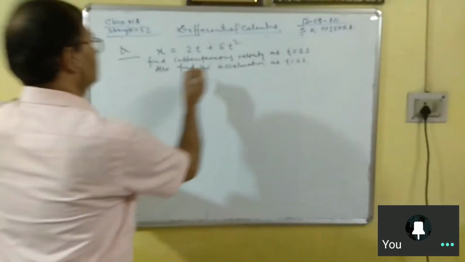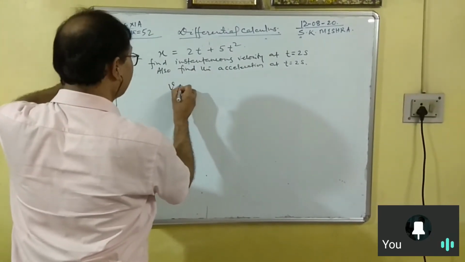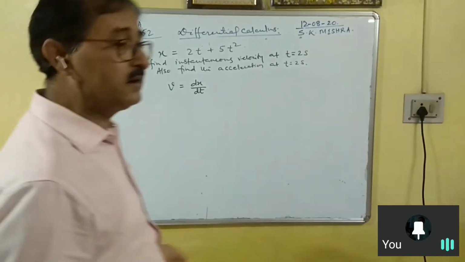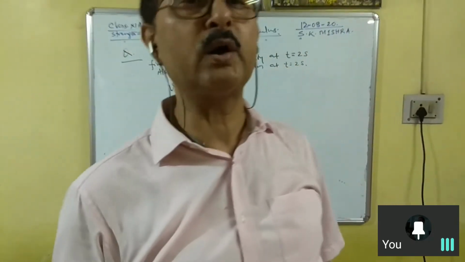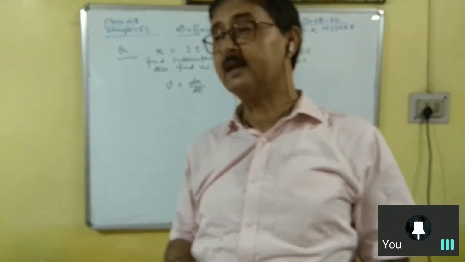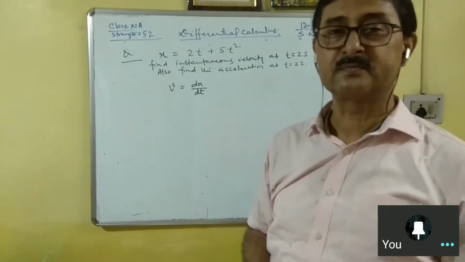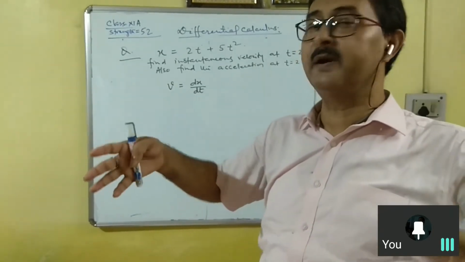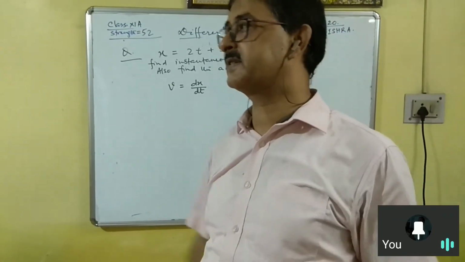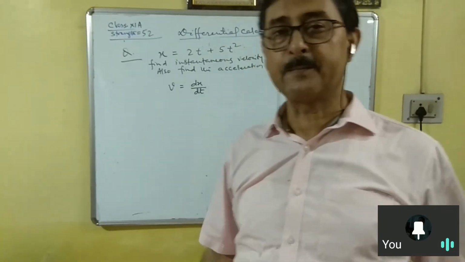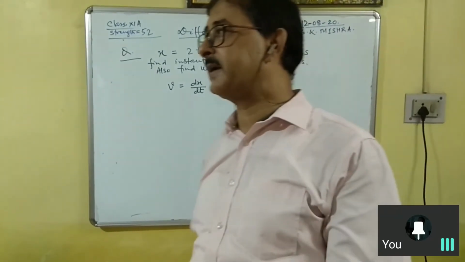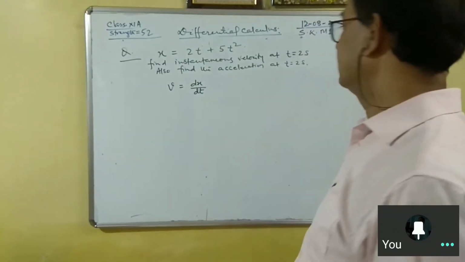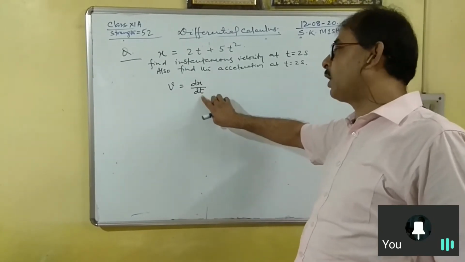Now to find velocity, v instantaneous is nothing but dx by dt. That is a small distance covered in an infinitesimally small time interval, which is instantaneous velocity. Average velocity is the total distance covered divided by that time interval. But instantaneous velocity is a small distance covered in a small time interval dt.